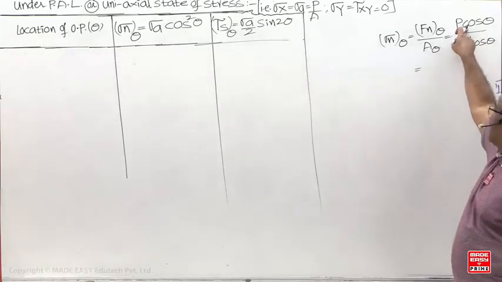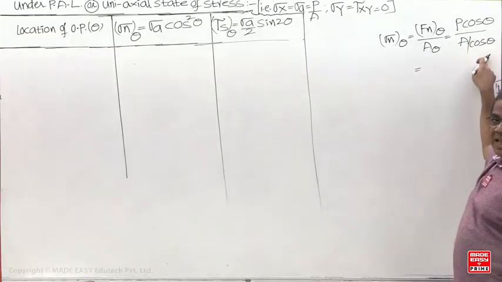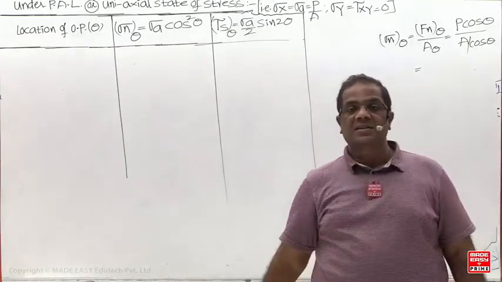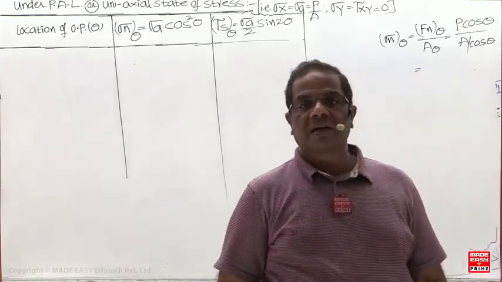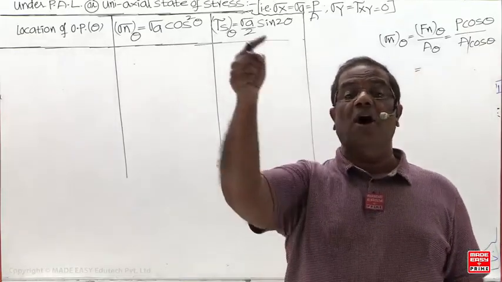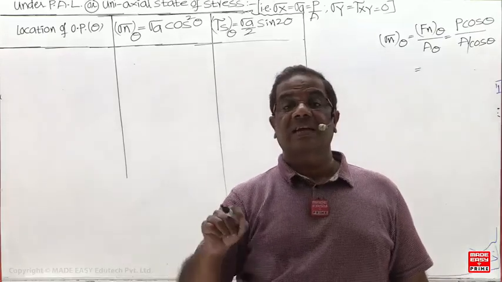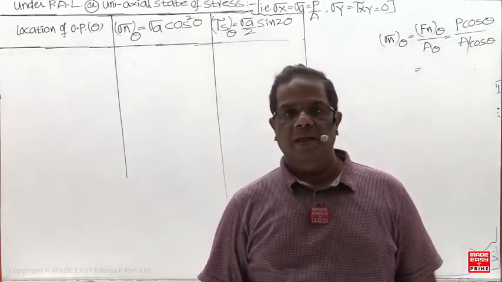Load is a vector, area is also a vector, because plane to plane the area is going to change. So stress is a function of two vectors. That's why I call stress a second order tensor.